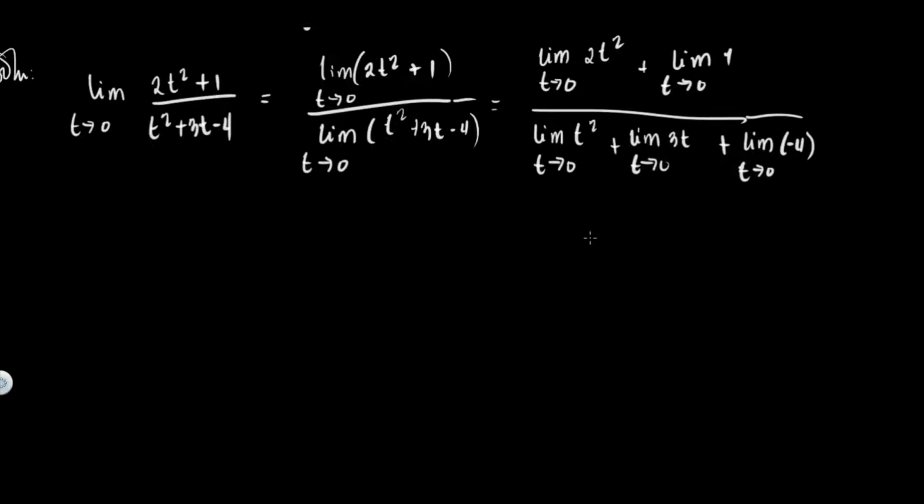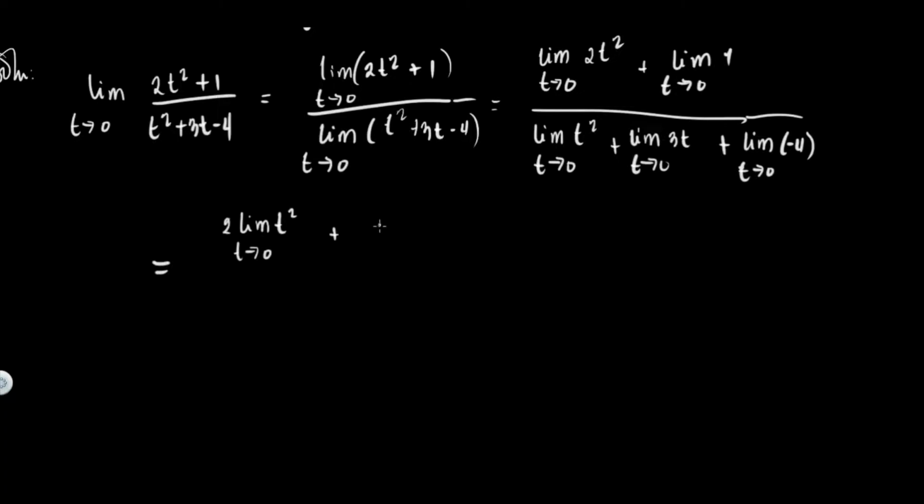Okay, going back, equals. So, ito, limit of 2t squared, ito yung merong constant, no? Times another function. So, pwede rin siya like this. So, the limit of t squared, so yung constant ilalabas natin. So, like this, 2 as t approaches 0. Okay? Plus, what is the limit of a constant? So, limit of 1 is 1.